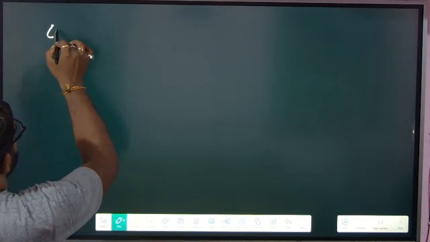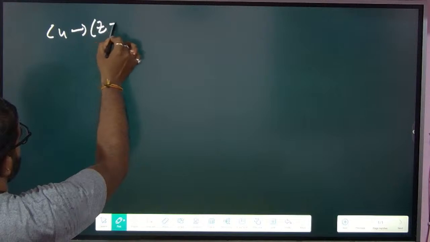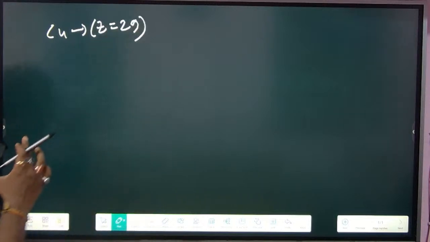Now another exceptional case is copper, which is 29th in the periodic table.